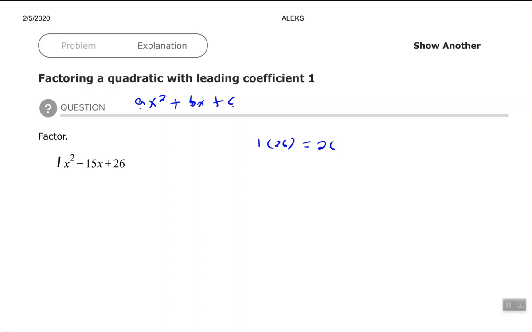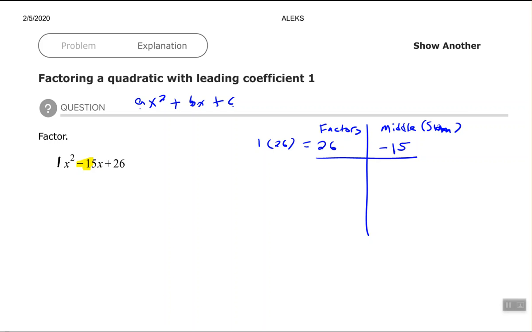which equals 26. Now we want to find factors of 26, or a couple of numbers I multiply to get 26 that add up to be the middle number. So that gives me a sum of the middle number, which in this case is negative 15.